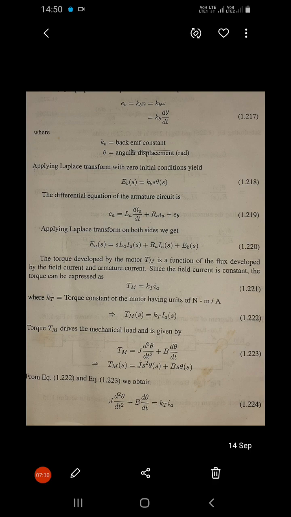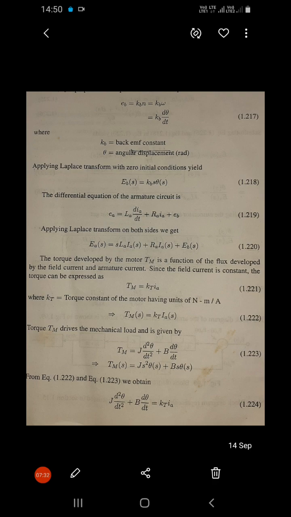Now we again apply the Laplace transform to equation 1.221. After applying the Laplace transform, the equation is T_m(s) equal to K_t into I_a(s). This is equation number 1.222.